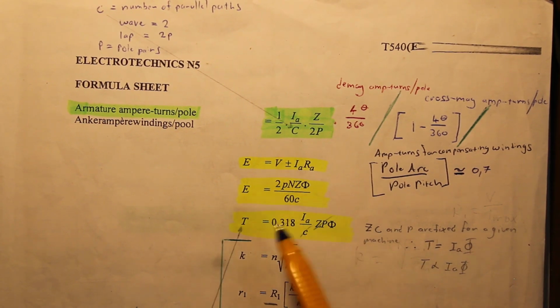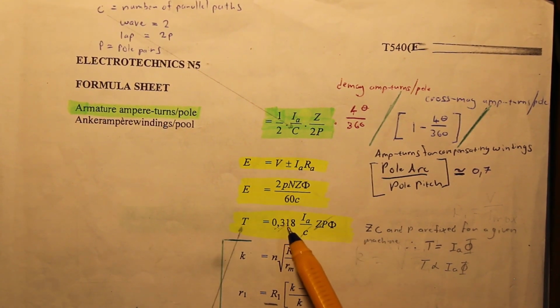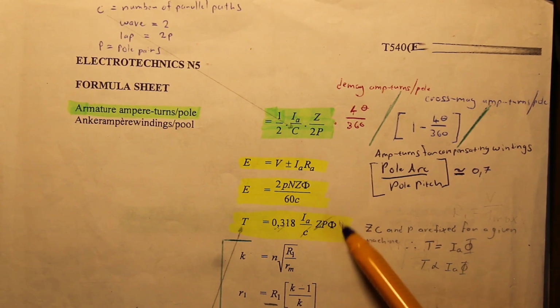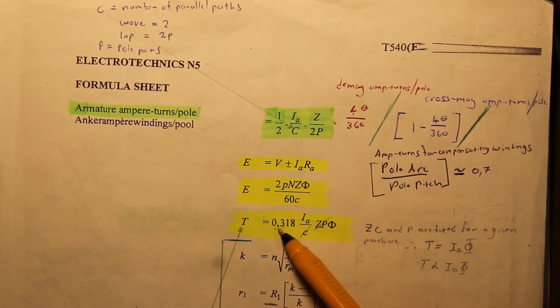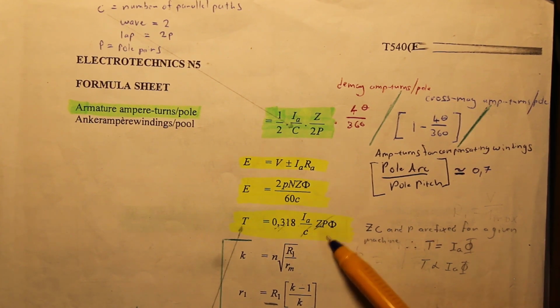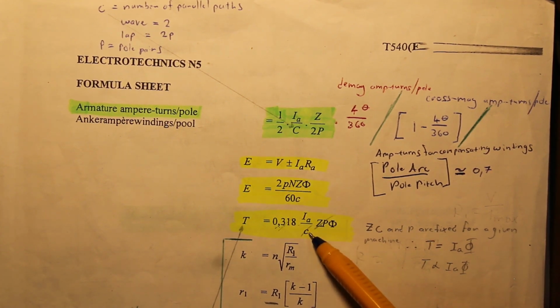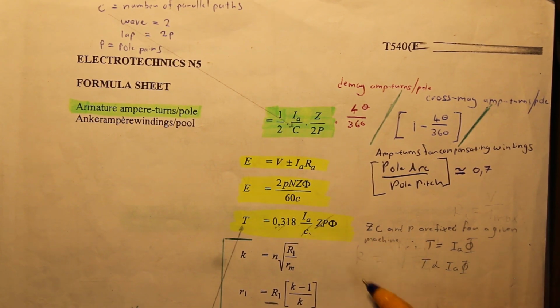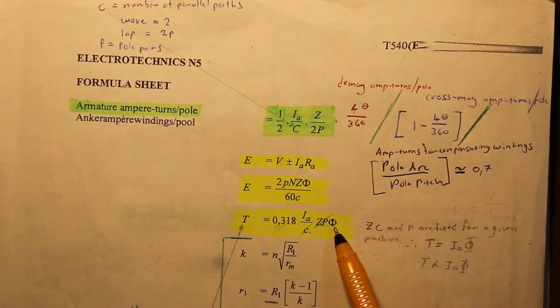The 0.318, your number of armature conductors, your lap or wave wound, which are your parallel paths, or your pole pairs, those things all stay constant. So we call those K. Those are constant, but the two things that aren't constant are the armature current and the flux.